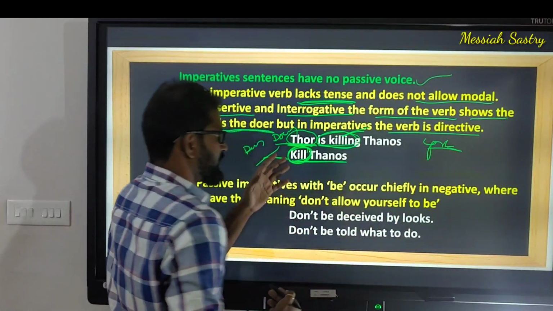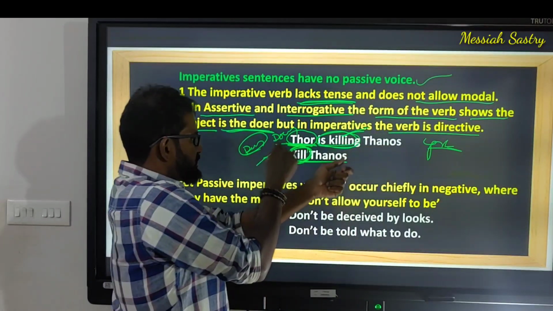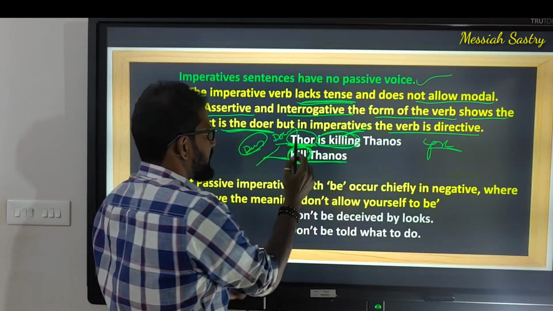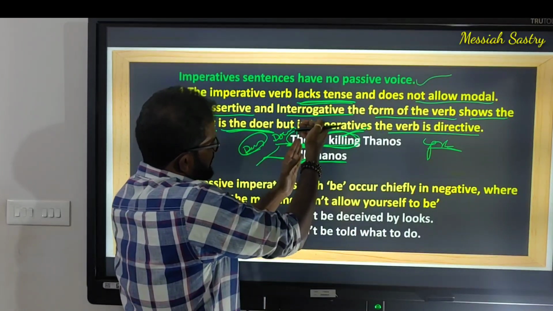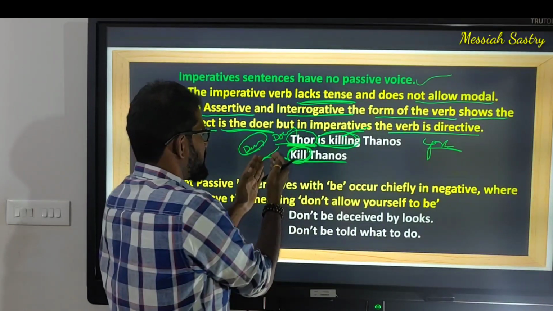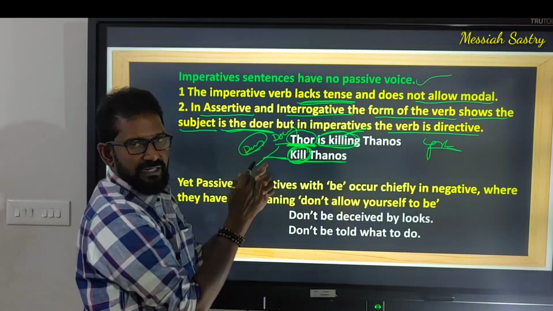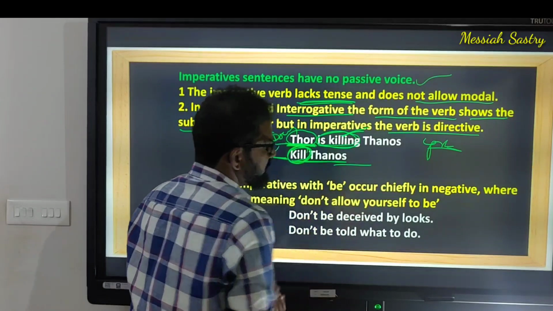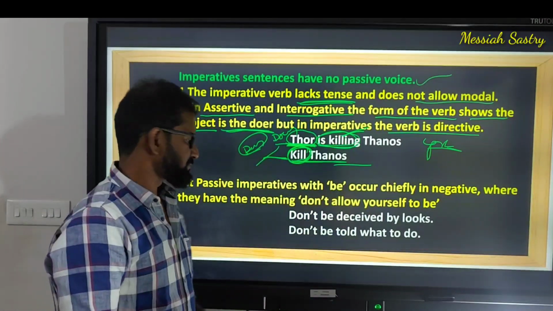So here the subject is not the doer, but the subject is assigned. Whereas here is a non-assigned subject, and here an assigned subject. So being an assigned subject, we don't have a passive form for imperative sentences.